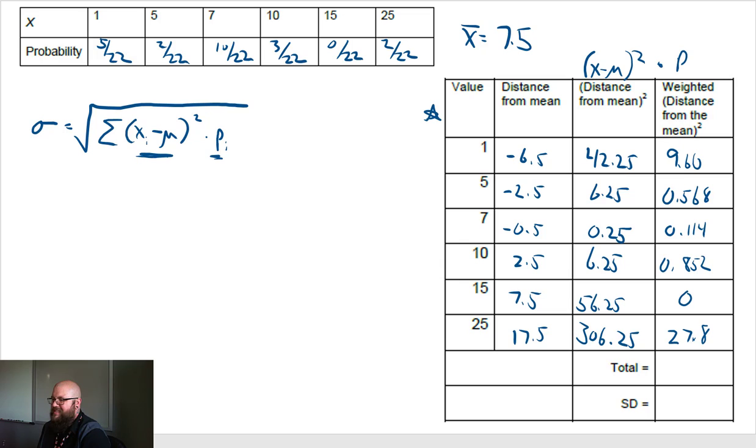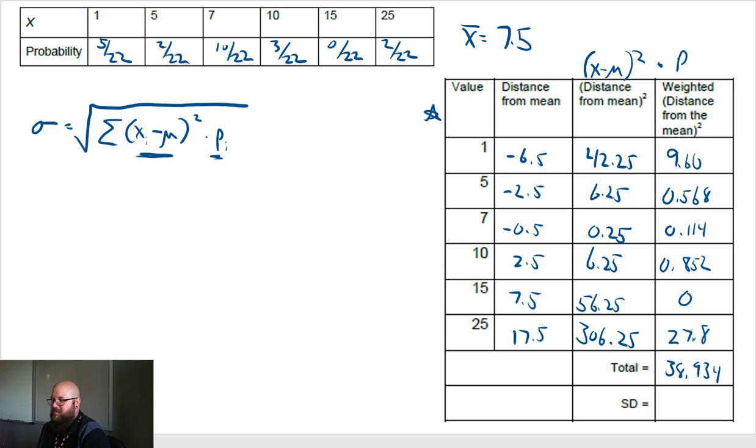Once we add these up for the total here, you should get 38.934. Now the last step to find our standard deviation is to take the square root of that value.